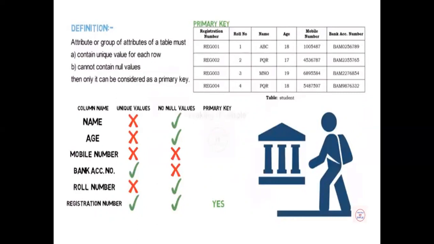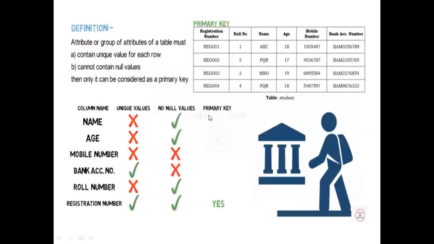The registration number does not have a null value; it is always a non-zero value. In this way, the registration number follows both conditions, that is, having a unique value for every student admitted in the university, and also not containing any null value. So in this case, we can say that the registration number may be declared as the primary key.